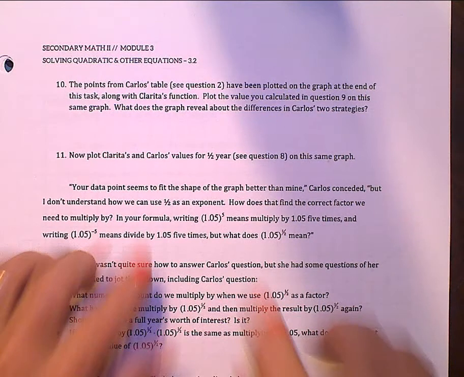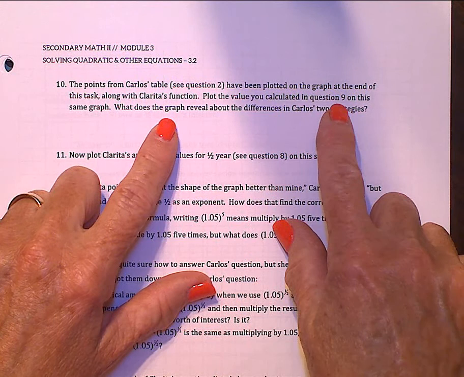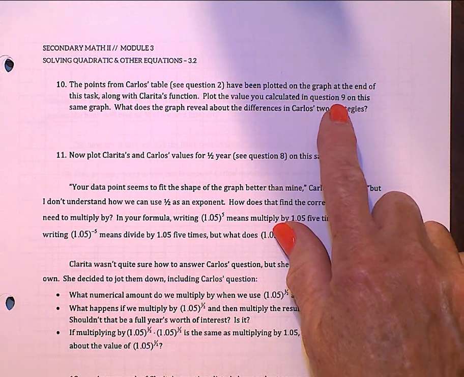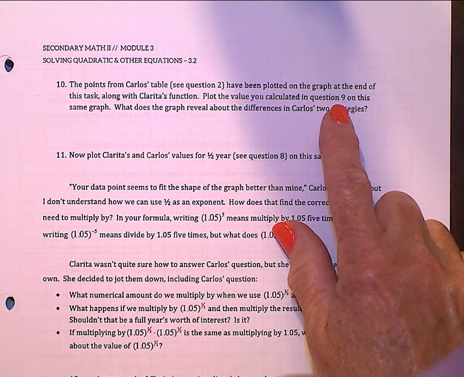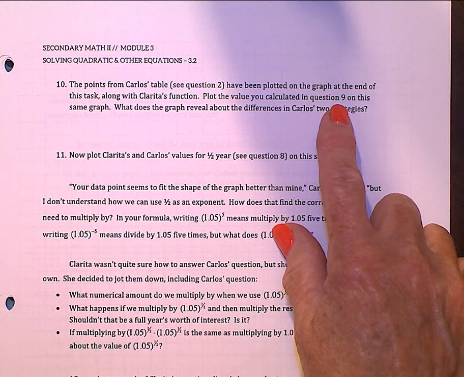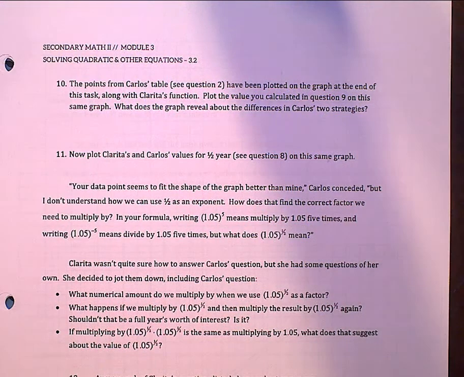It's telling you to plot the value that you calculated in question 9 on this same graph. So let's go back to question 9. Where's my question 9? I put it away now. Oh, here it is. Found it.